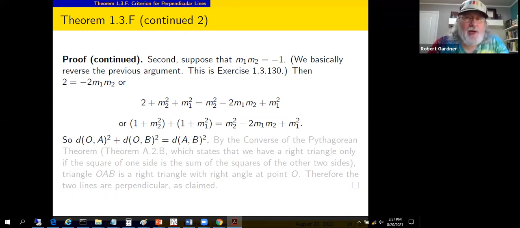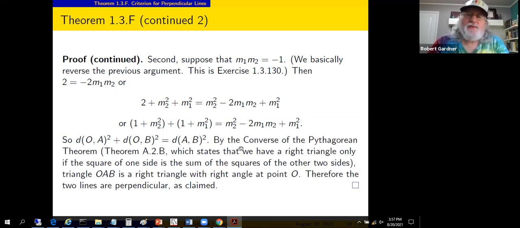So in that triangle, we have one side squared plus the length of another side squared equals the length of a third side squared. That only happens in a right triangle. That's the converse of the Pythagorean theorem. Theorem A.2.b, to refresh, states that we have a right triangle only if the square of one side is the sum of the squares of the other two sides.